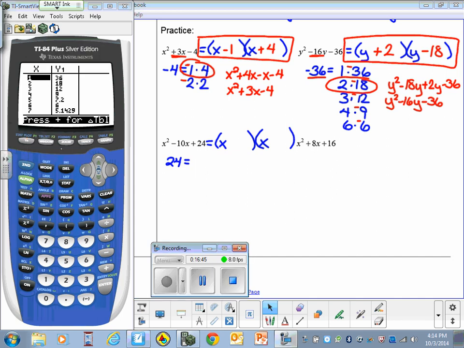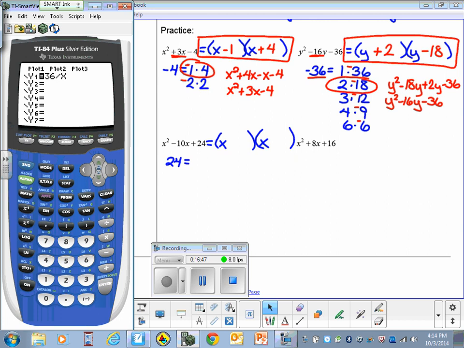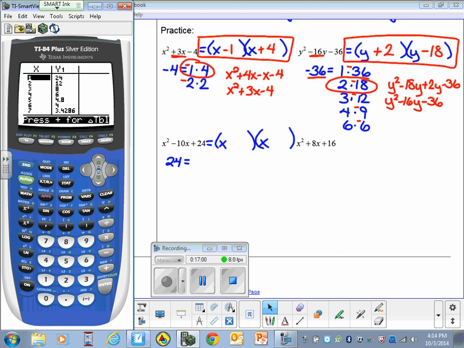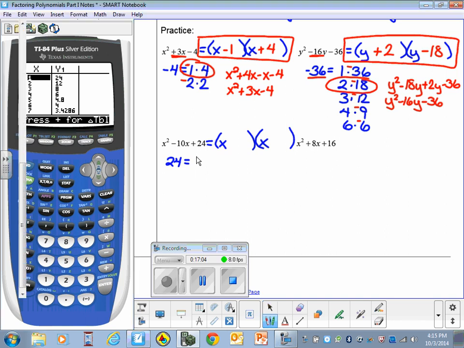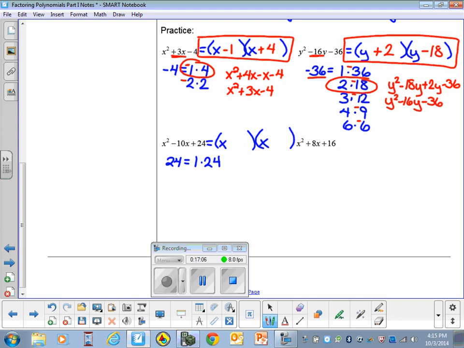Y equals 24 divided by x. Go to your table. 1 times 24, 2 times 12, 3 times 8, 4 times 6.